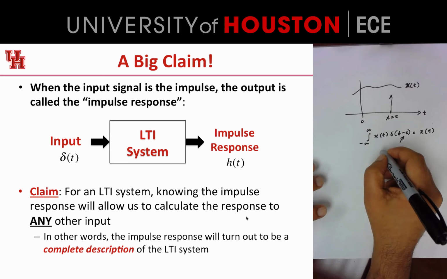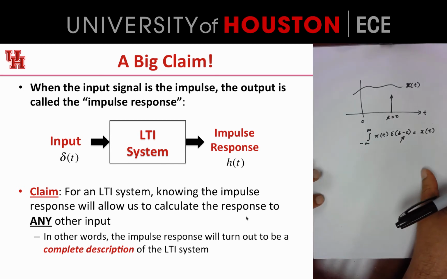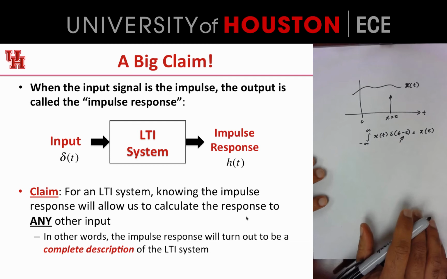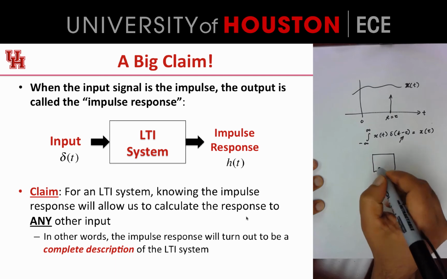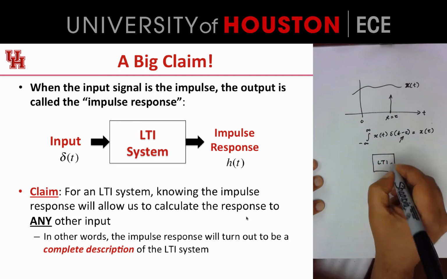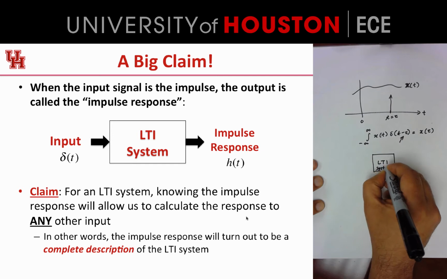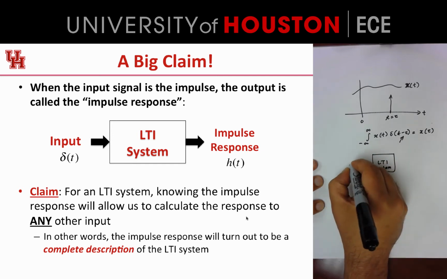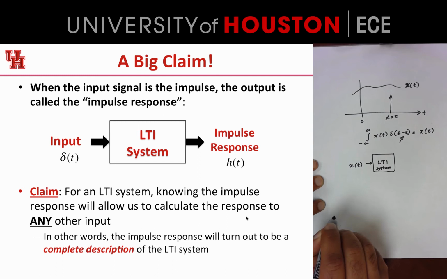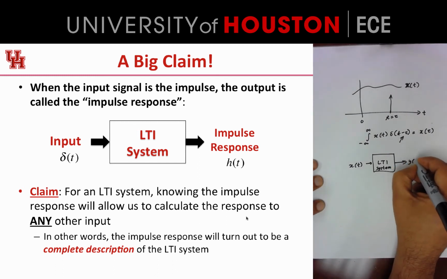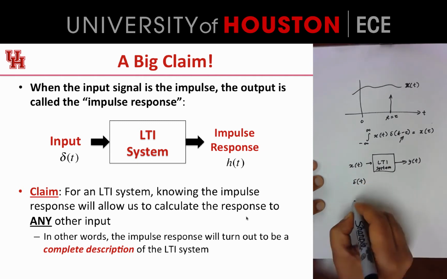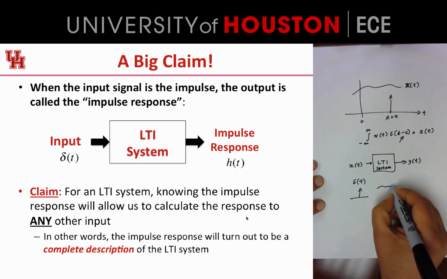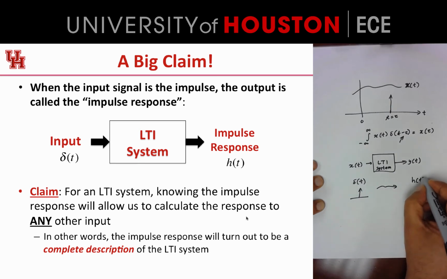So here is a big claim that I'm going to make today, and we'll try and help you understand why this claim is true. Suppose I have an LTI system, a linear time invariant system. Then here is the claim. Suppose I give you an input x of t, and I want to know what the output y of t is. Suppose I set the input to delta of t, which is the impulse, and this leads to the output h of t, which is a special case of y of t.